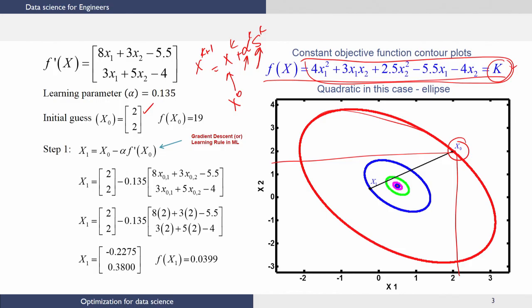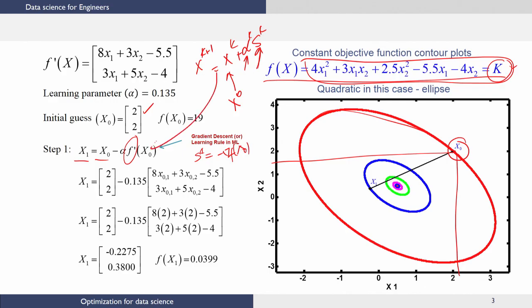So, the next step is the following. We are going to say x 1 is x naught. Now, if I take this direction as minus grad f, which is what we discussed last time, which I have written here as f prime, then the equation will be the new point x 1 is x naught minus alpha times f prime x naught. This grad is evaluated at the point that you are currently at.